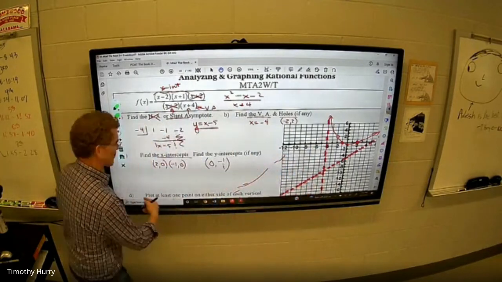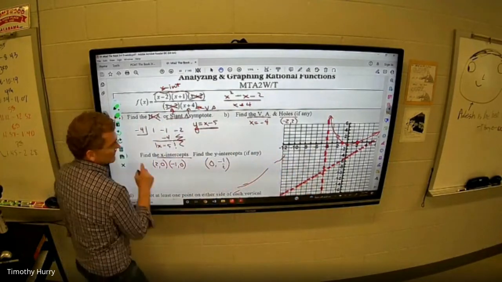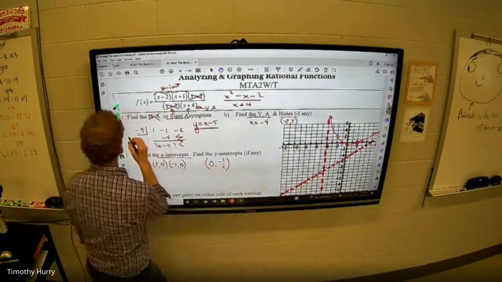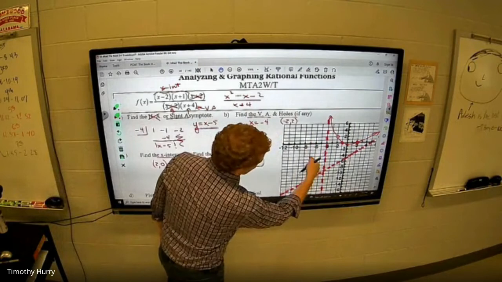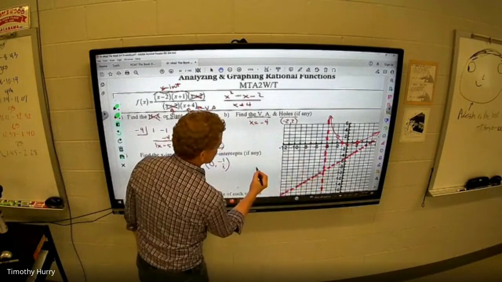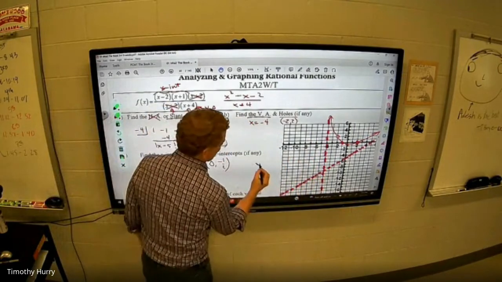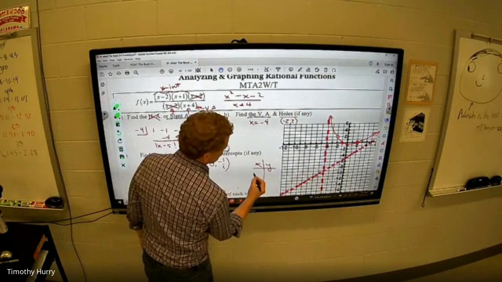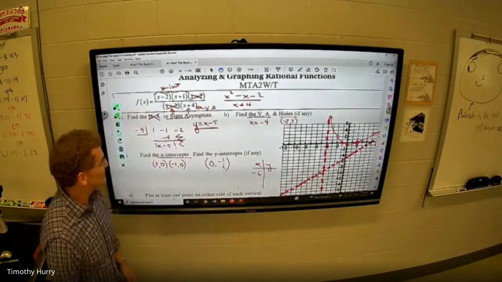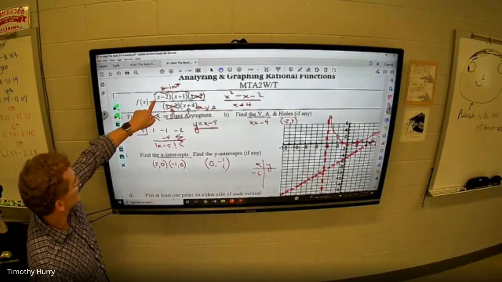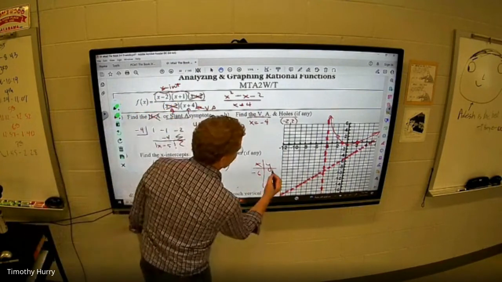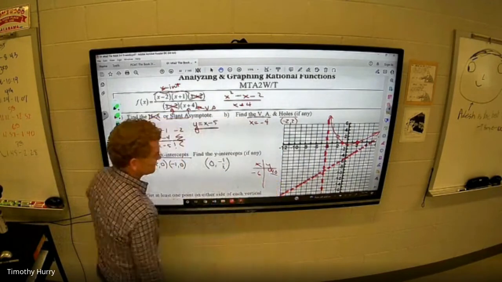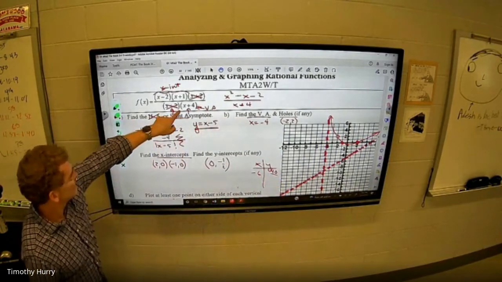And again, that's why I say plot at least 1 point. So if I was coming in here and plotting, I would go, well, let me figure out maybe what happens at, say, -6 or -7. So I might come up here and go, all right, let's just check -6 and see if I can figure something out. -6 in there would give me a -8 times a -5, which would be a 40 over a -2.